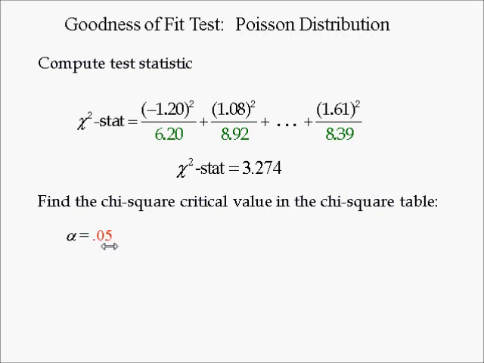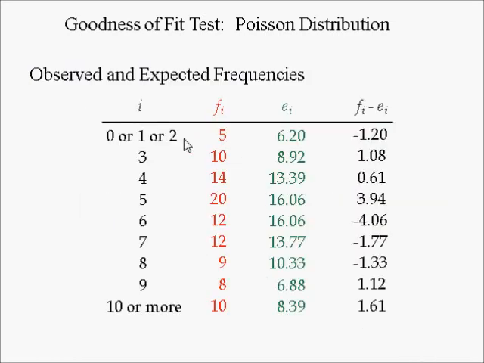So with alpha equal 0.05, we're in column 0.05. We had 9 categories, right? 1, 2, 3, 4, 5, 6, 7, 8, 9 categories, with all the expected frequencies being 5 or more.